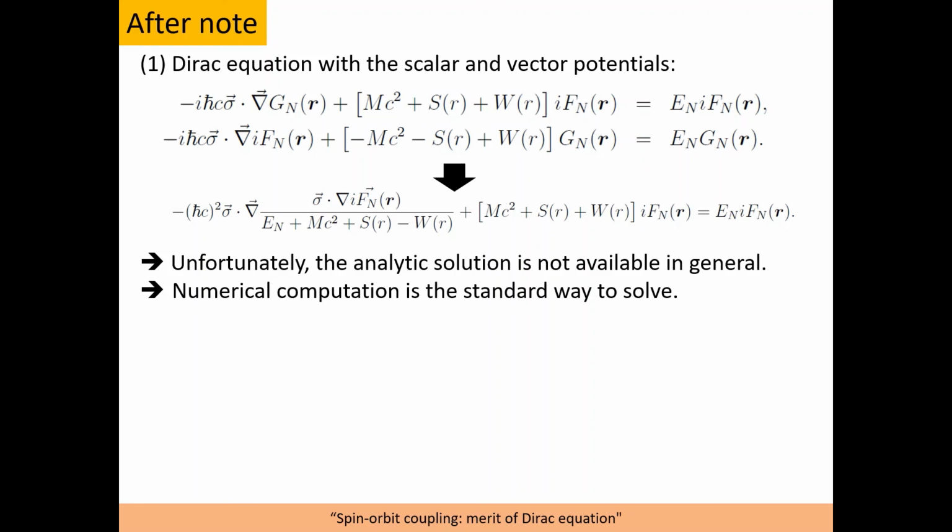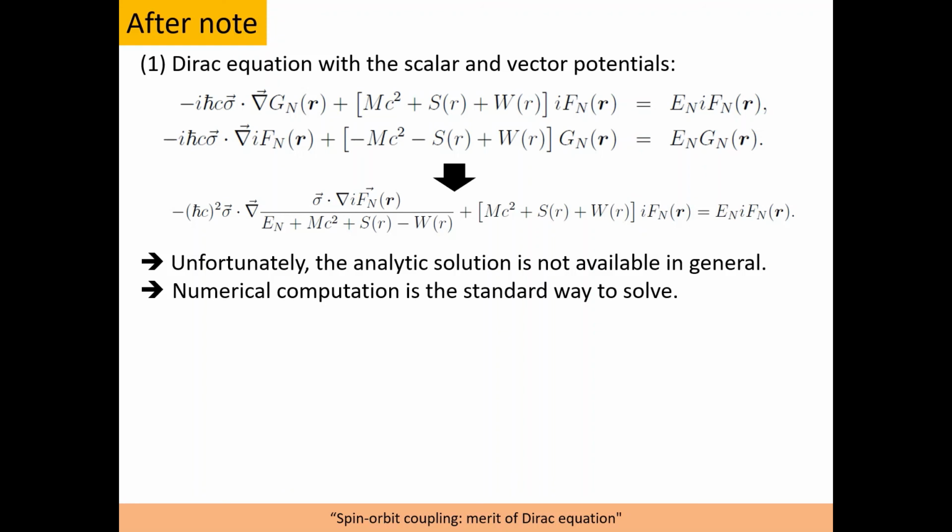As a final note, we have found that the Dirac equation with scalar and vector potentials is given in this form. Unfortunately, the analytic solution is not available in general, because sometimes you encounter really complicated forms of S(r) and W(r).